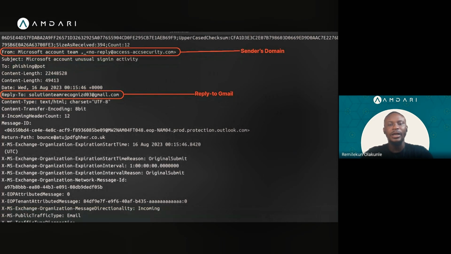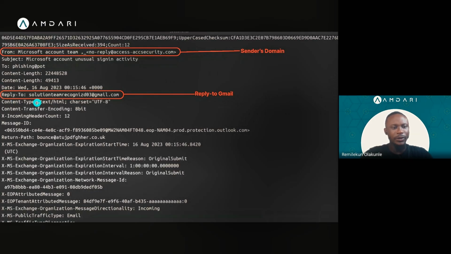Another interesting indicator of compromise to look at. Over here, we can see the from address, which is the sender domain. This is it claiming it originated from Microsoft. And while this domain that claims it originated from Microsoft does not belong to Microsoft.